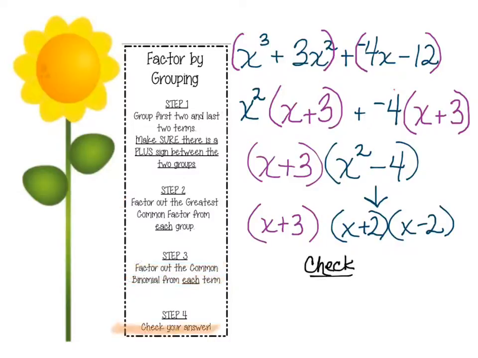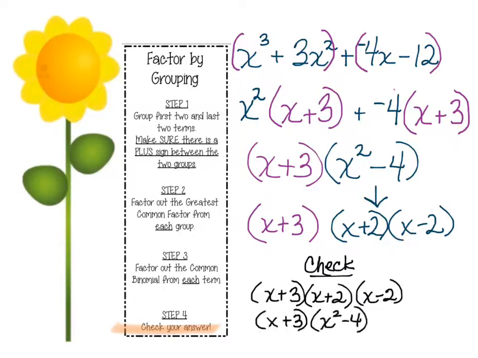The final step we want to check. So I'm going to do the multiplication here first because it's the easiest. I'm going to get x squared minus 4 as a result of that. And then I'm going to do my front door check, which is x cubed, my back door check, which is negative 12.